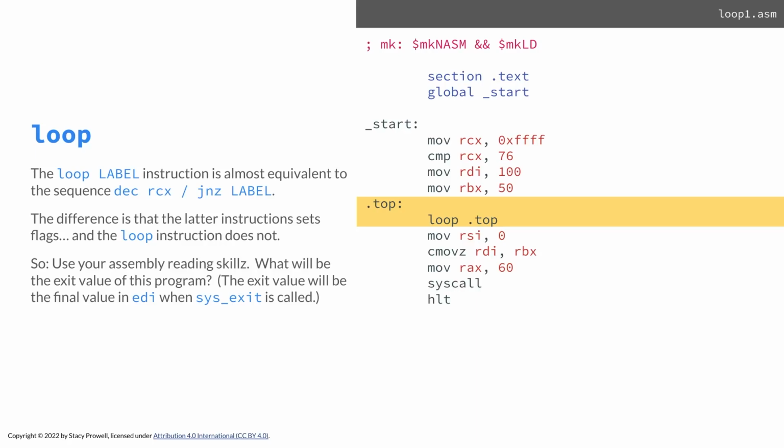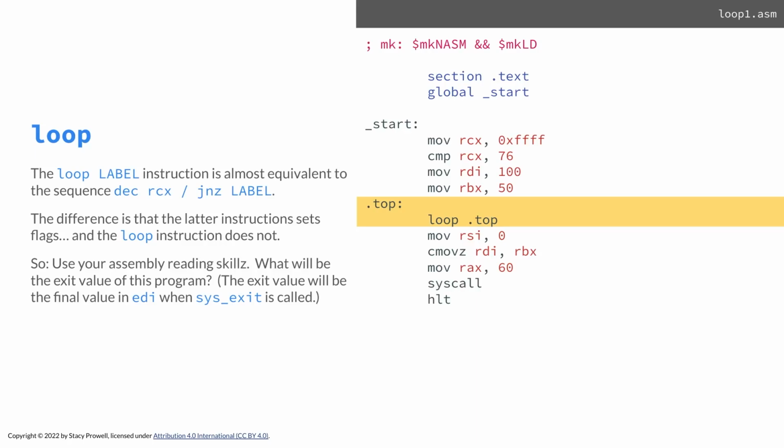Basically what loop does is every time it's encountered, it decrements RCX, and if it's not 0, it jumps to the specified label, using the memory offset, same as any other conditional branch. The difference is, I can't just replace it with dec RCX and jump not 0, because dec RCX sets flags, and loop doesn't set any flags.